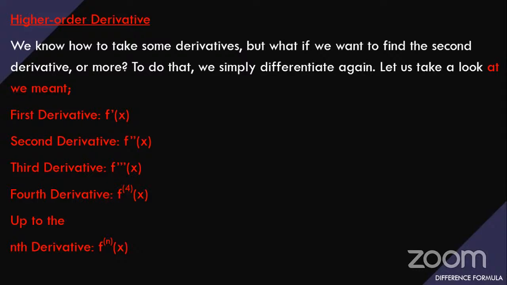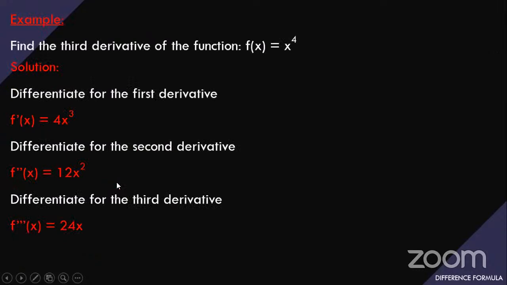That is what higher order derivative is trying to tell us. So we know how to take some derivative, but if we want to find the second derivative or more, we simply differentiate again. When you differentiate the first function, if it is still differentiable, we differentiate again, the second, the third, the fourth, up to the nth time. We can keep on differentiating.